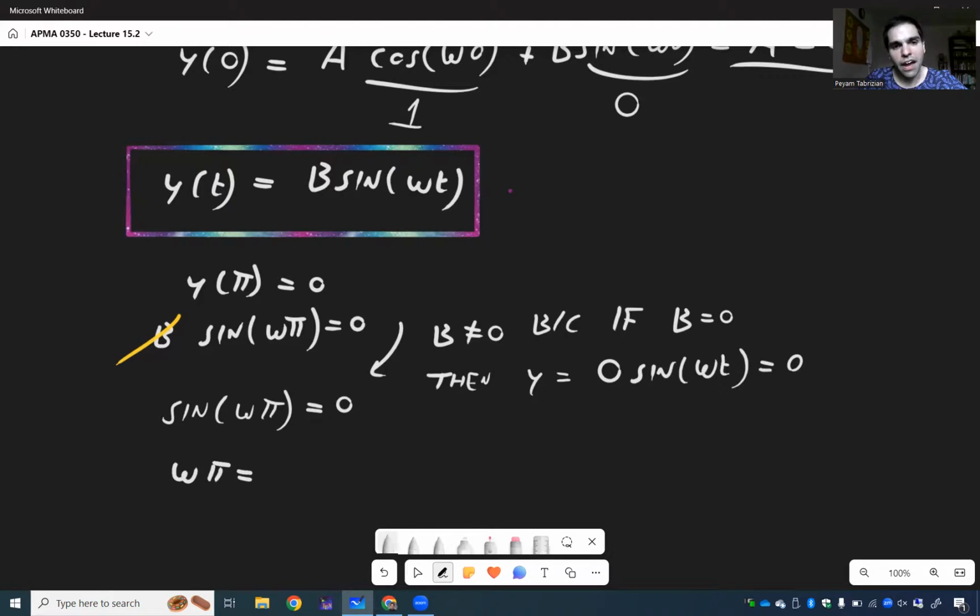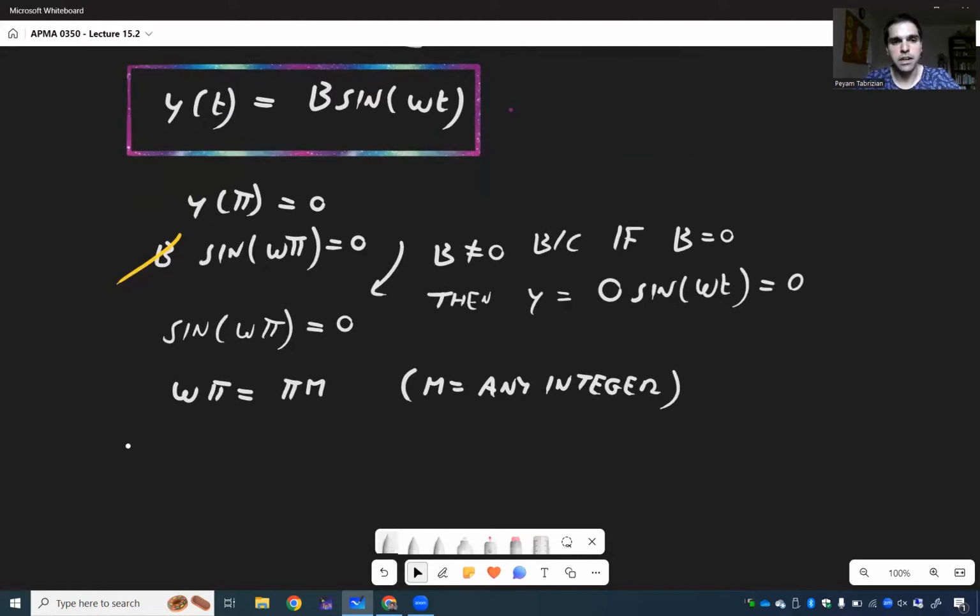So omega pi is m pi, where m is any integer, which gives you omega is m. It's kind of like the denouement here. So omega is m.